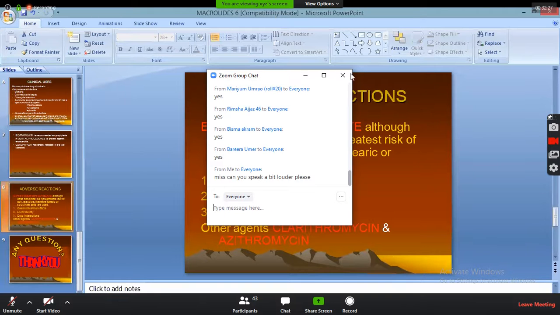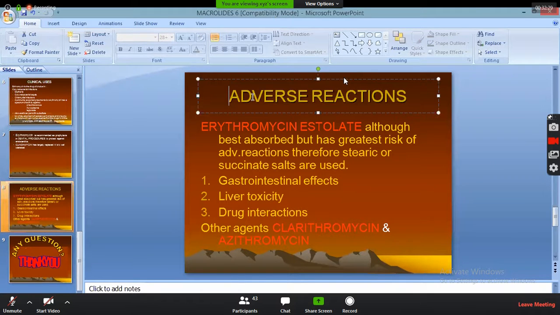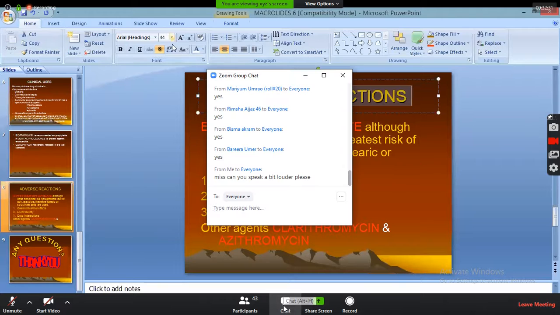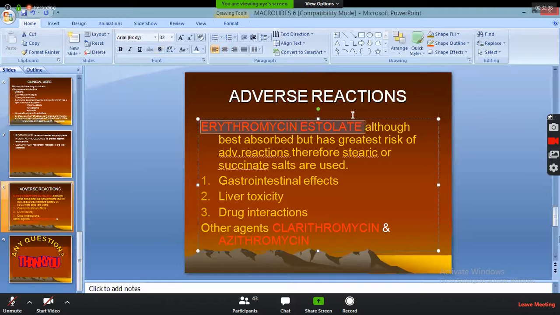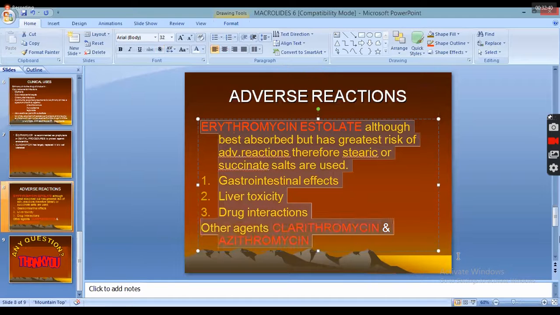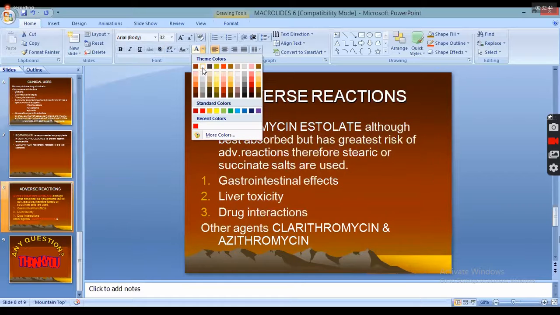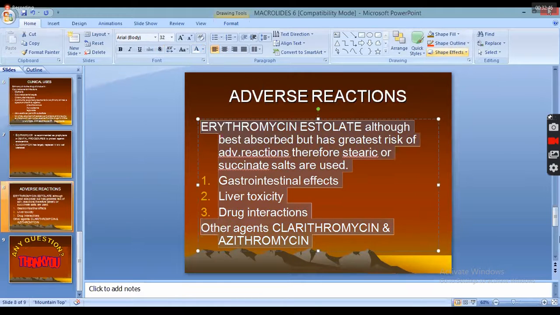Okay, the next slide is the adverse reactions. By now you must all know that the most common side effects of antibiotics are because of the disturbance of the normal flora, which are the protective pathogens present in the mouth and in the GIT.